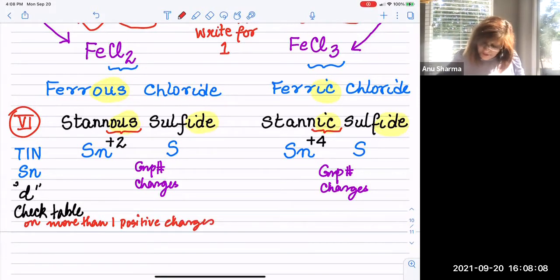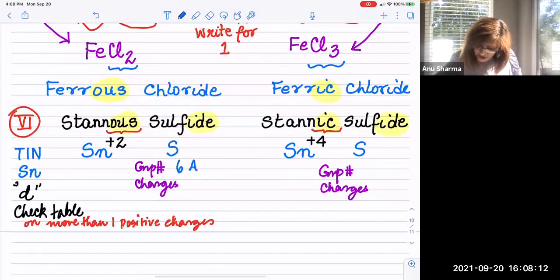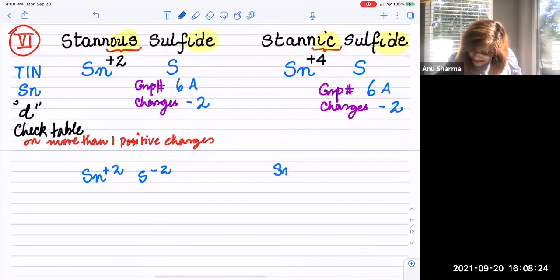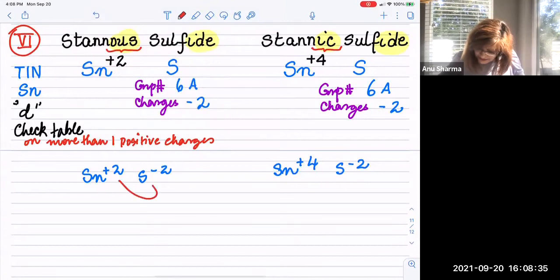Anyways, so sulfur belongs to group 6A and the charge is -2. So now just write the formulas. We have Sn +2 and Sn +4, and S is -2, and crisscross. So this number comes here and this number goes here.